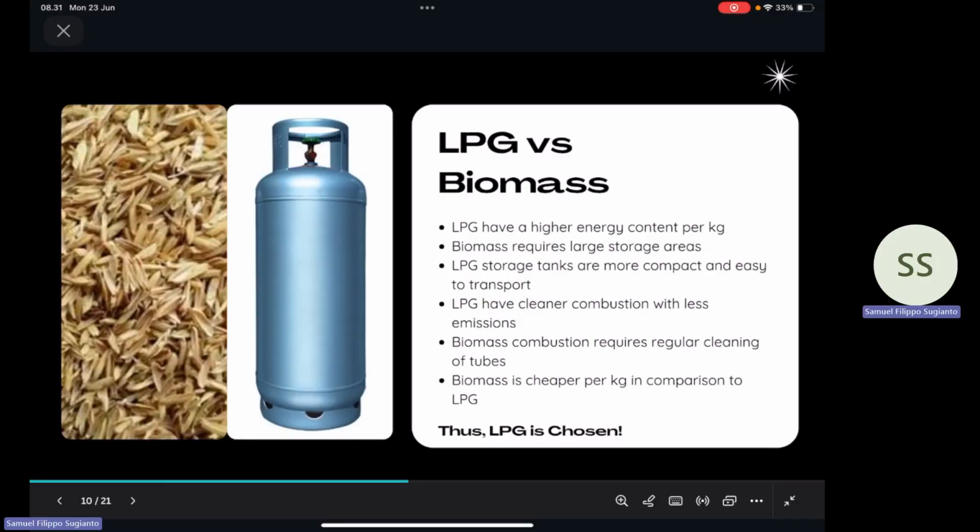LPG also has a cleaner combustion with less emissions due to the low ash content in the fuel. Biomass combustion requires cleaning of tubes because biomass has a large ash content, though biomass is cheaper per kilogram in comparison to LPG. As we can see, there are more advantages to using LPG, thus LPG is chosen as our suitable fuel source.